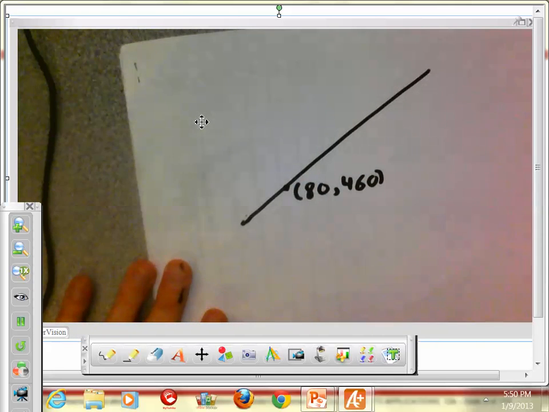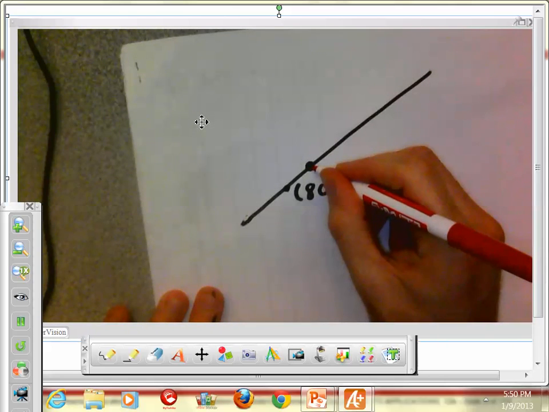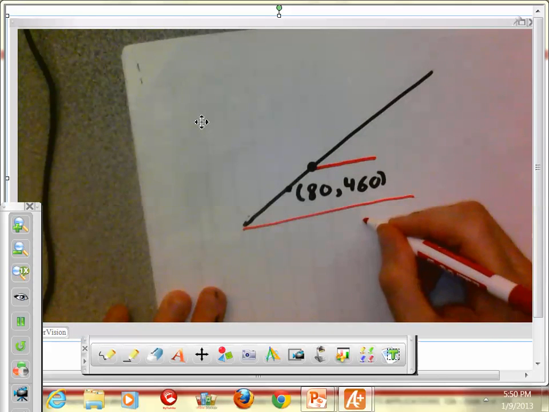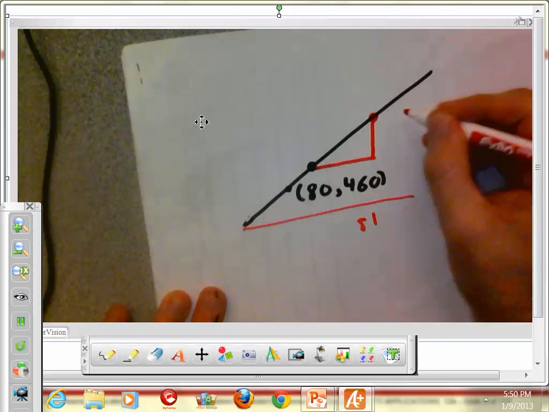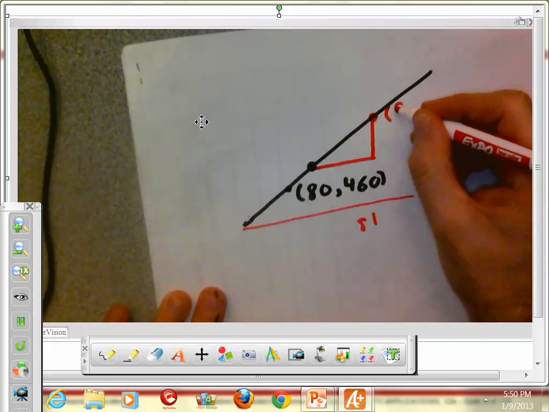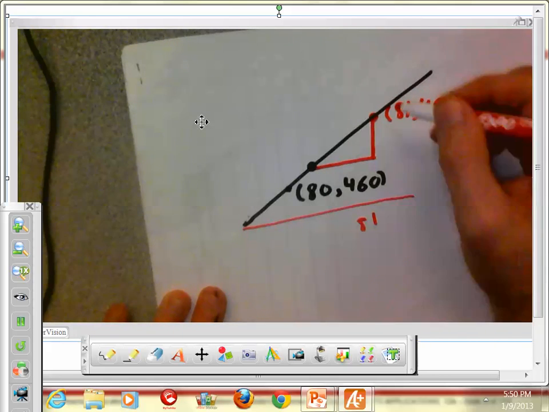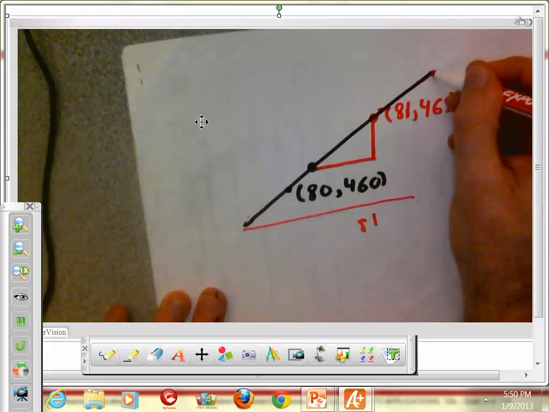Let's make this point over here so I can draw it more easily. Forget the thing with the 0, I'm just doing this for illustration purposes. Now, suppose we go forward, so the x-axis over here is at 81. That means we have a point on the line up over here, where this point is going to be (81, 465). And we can go forward 1 unit again. Excuse my drawing, it's hard to fit these on the page.